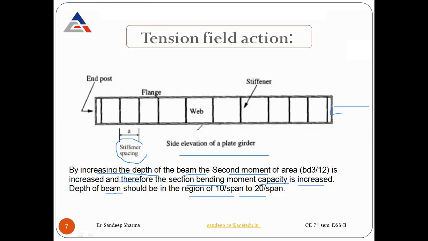So whatever the length of the span we have, the depth of the section will vary between these two values, span by 10 to span by 20. When you increase that depth, the second moment of area is increased, and the section bending moment capacity will also be increased.